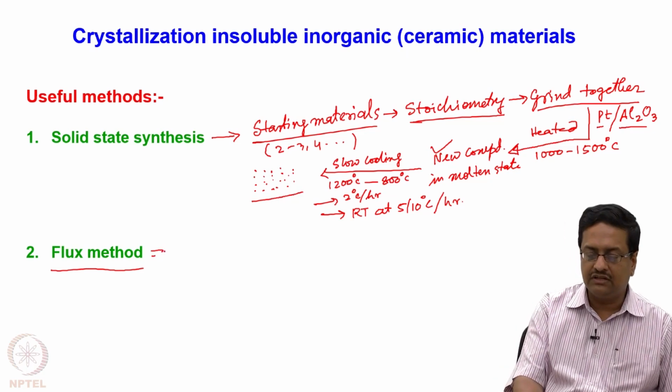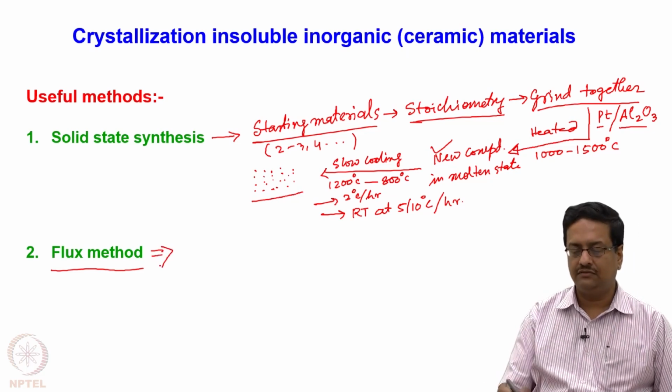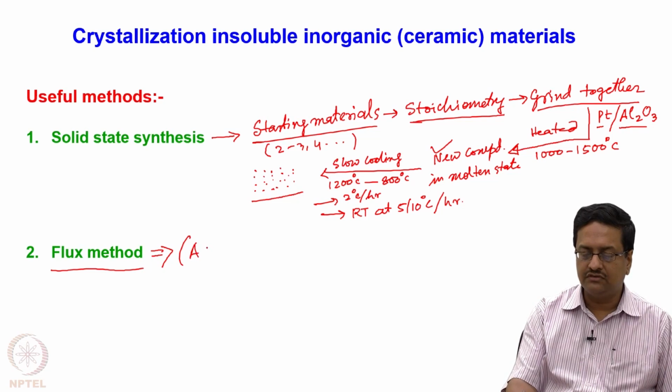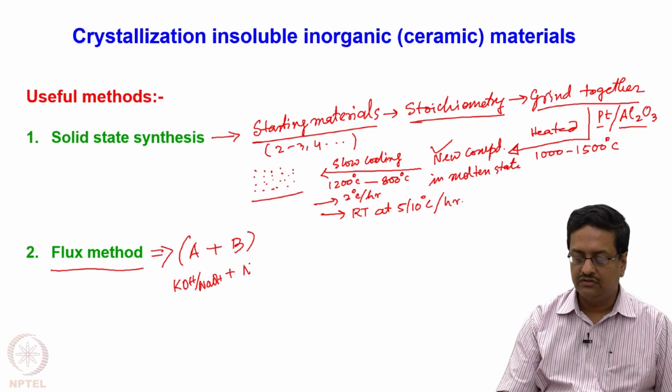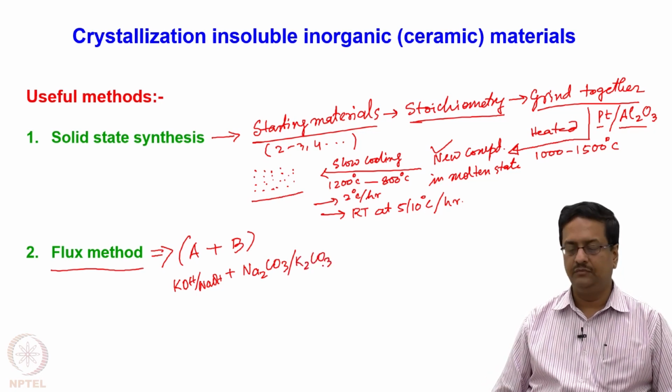In this flux method, we use a flux of two compounds, A and B. In general, it can be KOH or NaOH with sodium carbonate or potassium carbonate as a mixture.